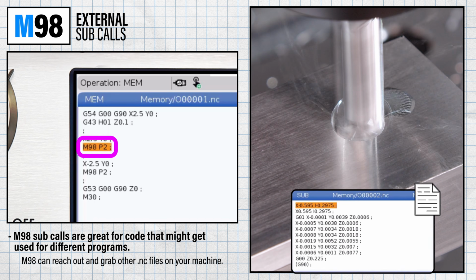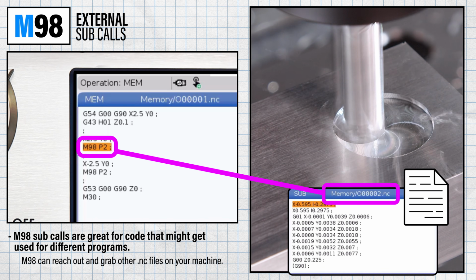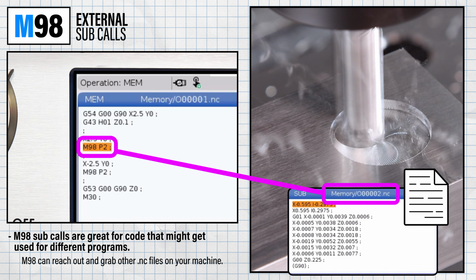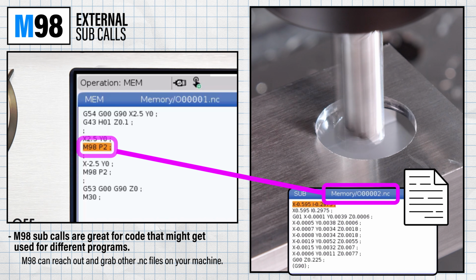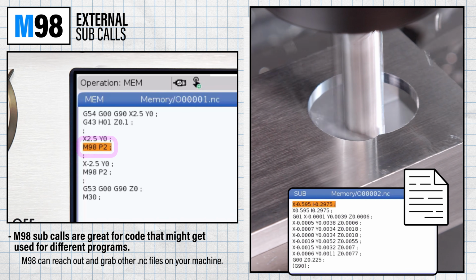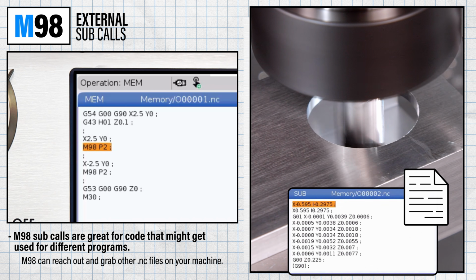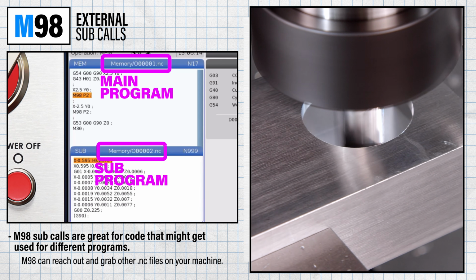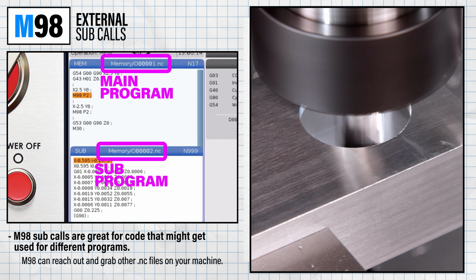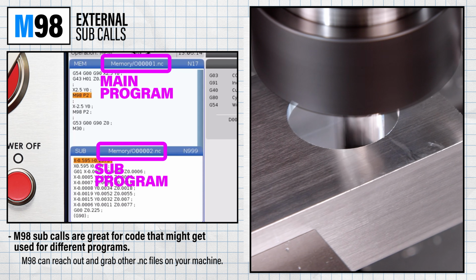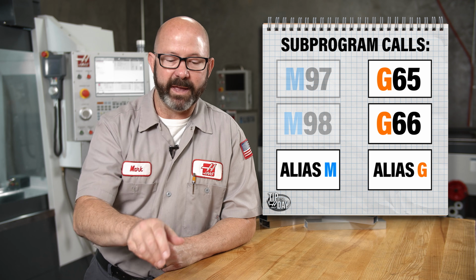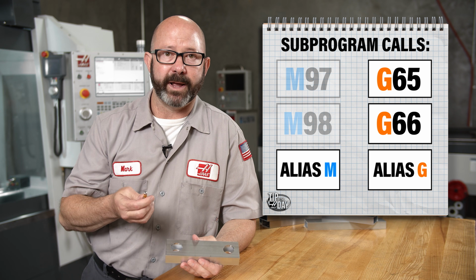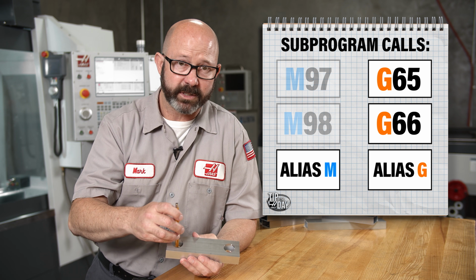If this were a common feature for us, we could put all of this code into its own subprogram and call it up from our main program at any XY location that needs this kind of pocket. O1.nc is our main program. O2.nc is our subprogram.